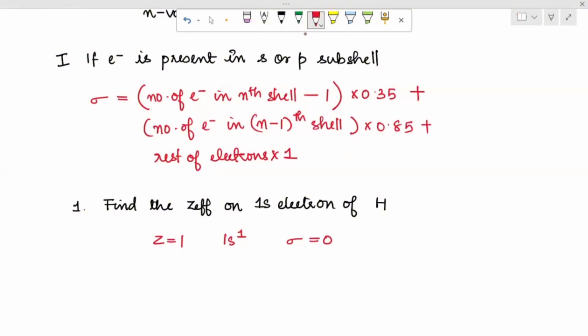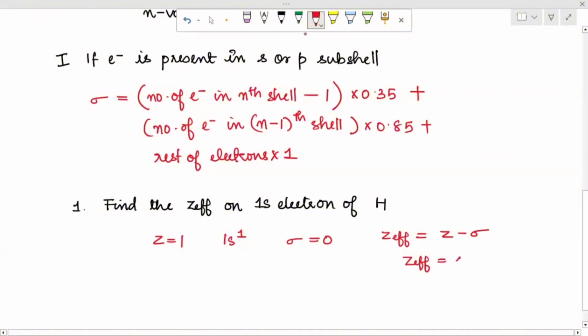Shielding comes into play, and the effective nuclear charge changes from the actual nuclear charge, only when there is more than one electron. So the screening constant is 0, and Z effective is equal to Z minus sigma. So effective nuclear charge is equal to 1.